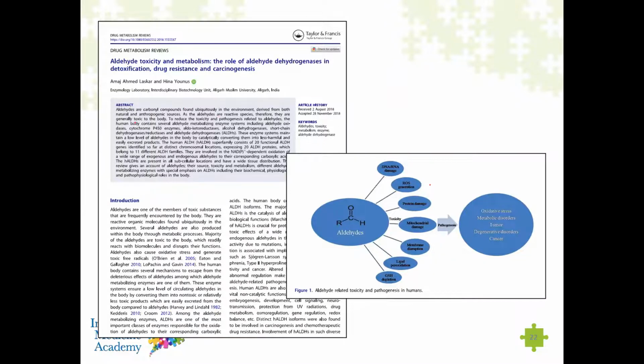In fact, many of the enzymes that exist in the P450 system of phase 1 are really active against aldehyde functional groups, because too many of these aldehydes can damage our DNA, can damage protein, can damage mitochondria, can lead to what's called lipid peroxidation or deplete glutathione.